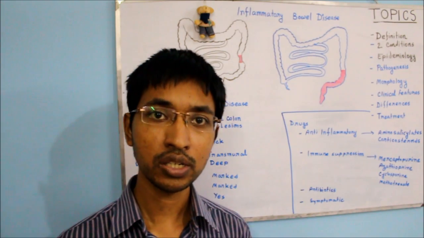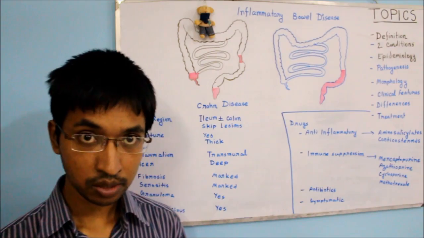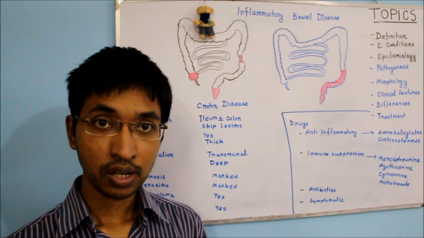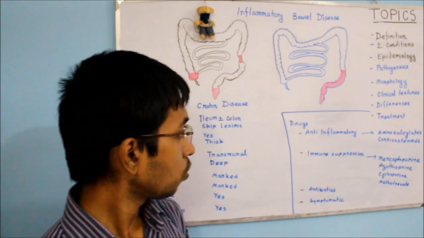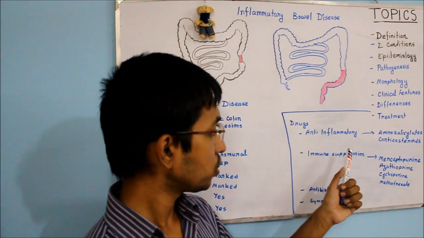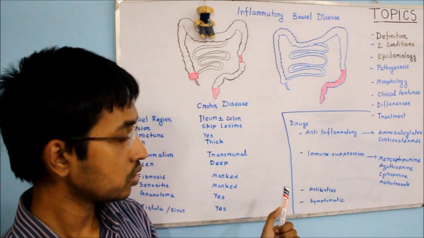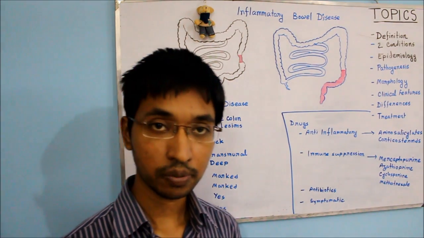So treatment will include diet and lifestyle modification, drug therapy, and also surgery may be needed. In the drug therapy we will use anti-inflammatory drugs, immune system suppressors, antibiotics, etc.